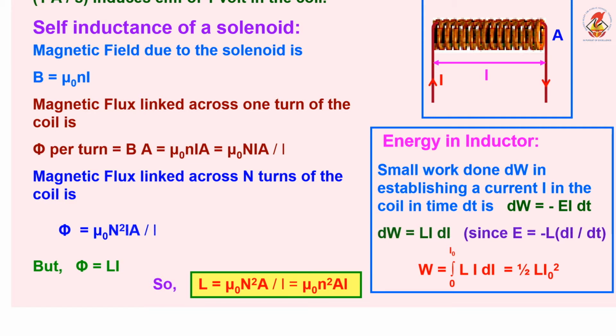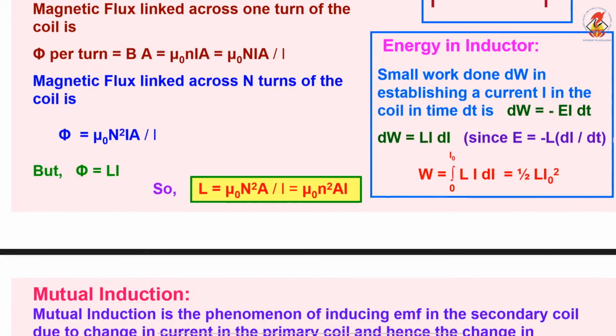So phi is equal to mu 0 N square I A divided by L. We studied one more equation, phi is equal to L into I. So instead of phi, you can substitute L i. So I and I will be cancelled and you will get L is equal to mu 0 N square A by L.